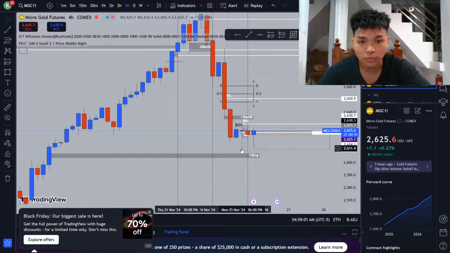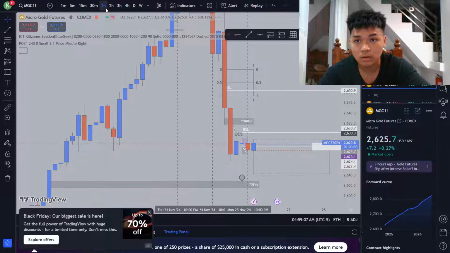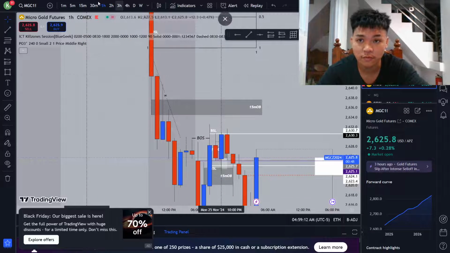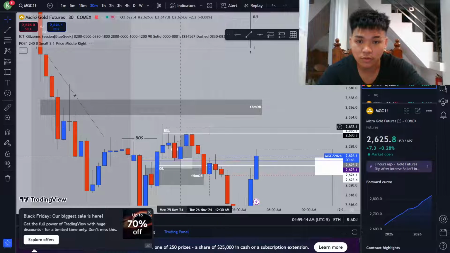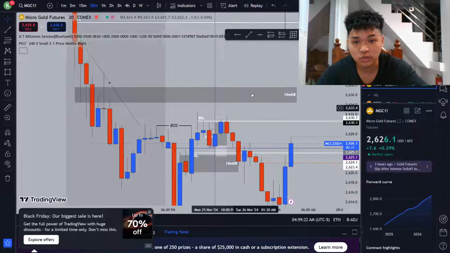Look, we already been rejecting, so this might be a bullish bias, right? For further confirmation, I dropped down to like 30 minutes, and we clearly saw prior to the 10 a.m. candle, we broke structure to the upside.